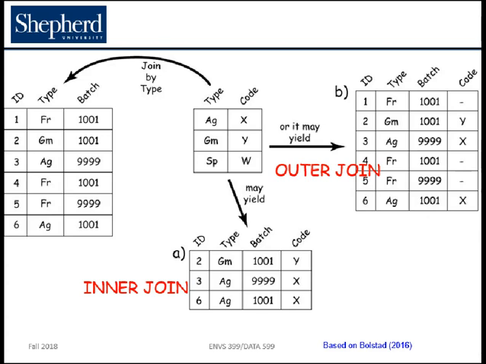The previous slide illustrates the most common type of join, often known as an inner join, where an output row is created only from rows that match on the join items in all of the tables involved in a join. There are other kinds of joins.